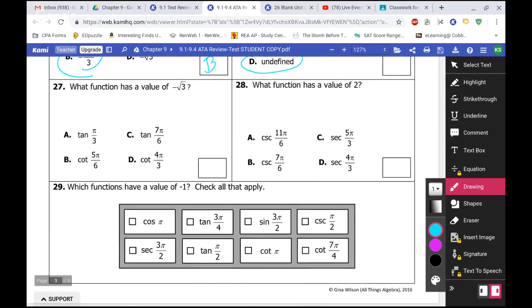You're also going to look in one of the quadrants where one is negative and one is positive, because it's y over x, or tangent is, and all of my options are either y over x or x over y. And I'm going to want a negative, so I'm going to be focusing on a quadrant where one is positive and one is negative, because a positive divided by a negative is going to return a negative.